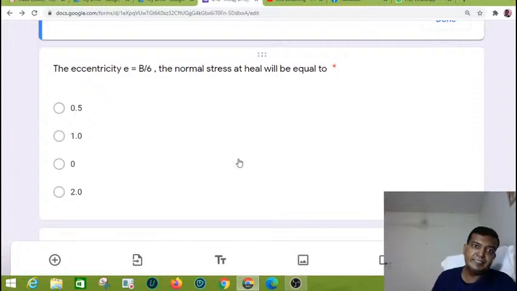The eccentricity e is equal to B by 6. The normal stress at heel will be equal to zero.